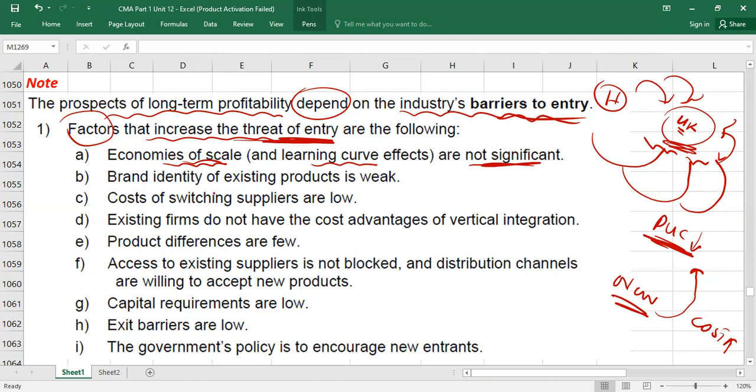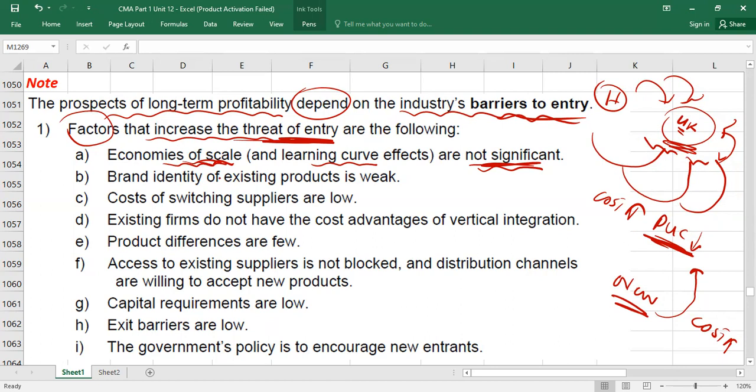So that is why when economies of scale are not there, or when the learning curve effect is not significant, it means the cost of the product is already high. Obviously, once the new entrant enters, his cost will also be high, but he can compete with you, right or wrong?